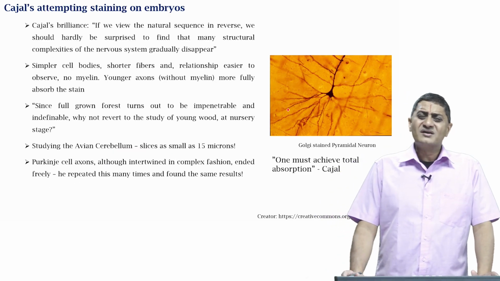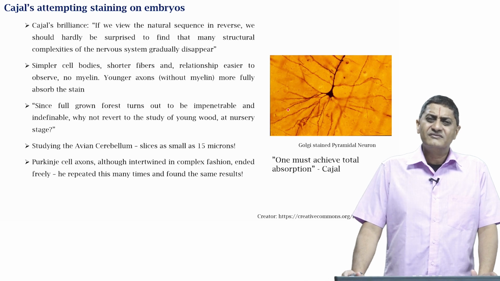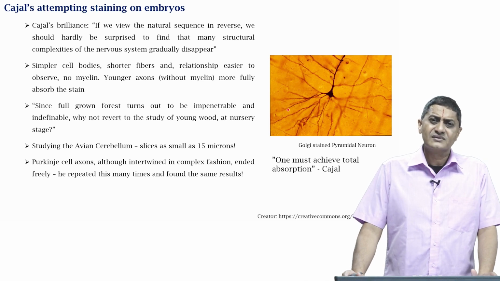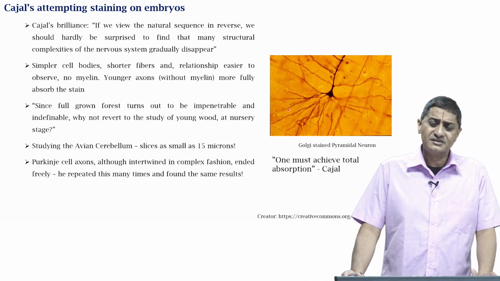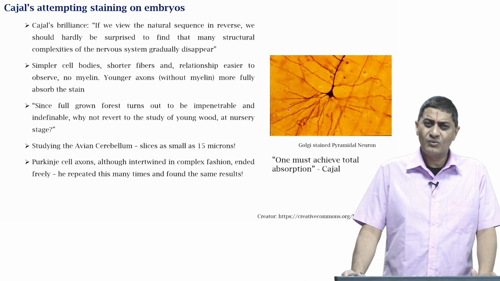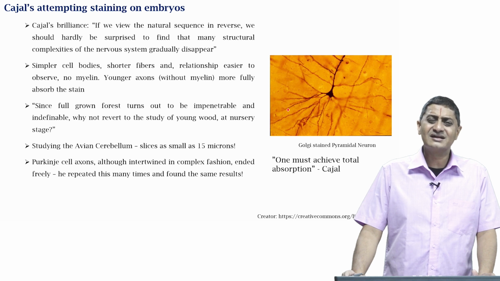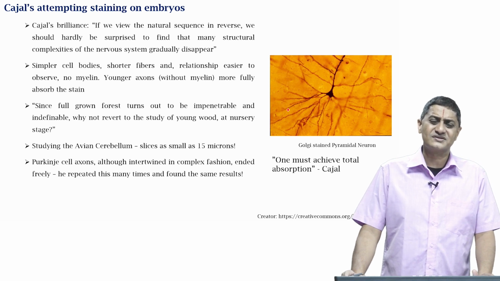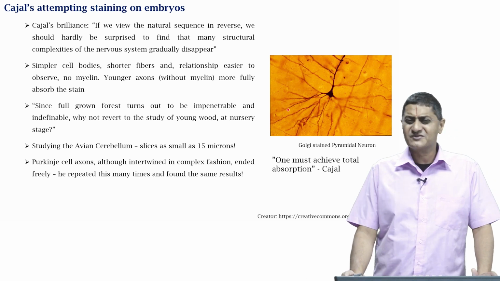But one problem was that when he studied adult nervous system and adult neurons, these neurons are usually myelinated, they are very thick, and myelin means lipid or fatty cells that cover the axons. There is a purpose for this.